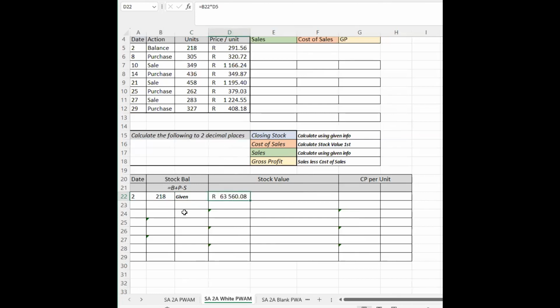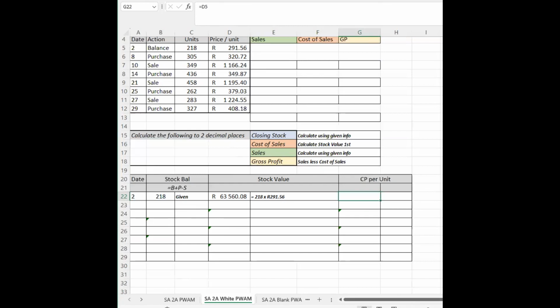In this case, we know that the stock value is 63,560. How do we know that? Well, it is simply 218 units multiplied by the unit price of 291.56. Just so that you know how I got that, every time I gave you the little sum next to the answer.